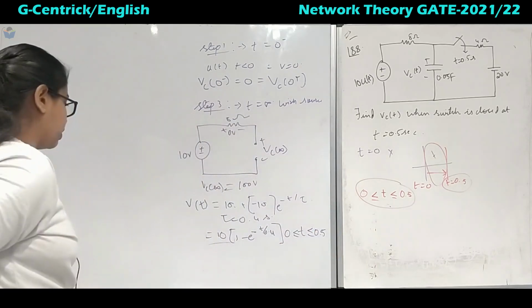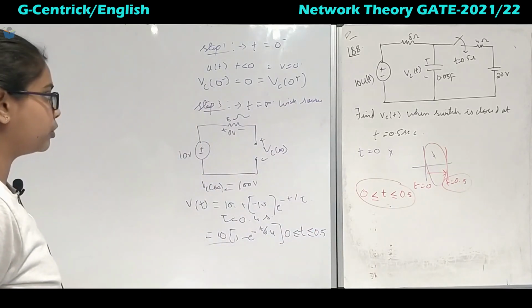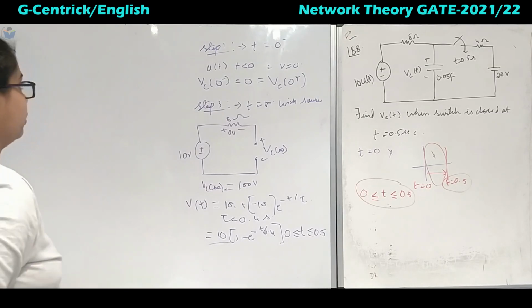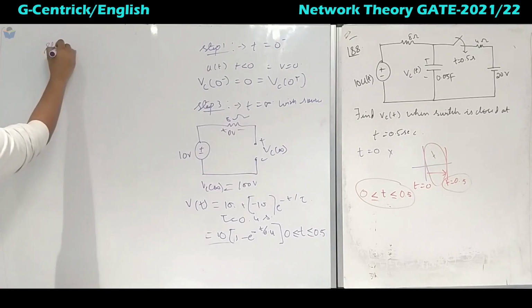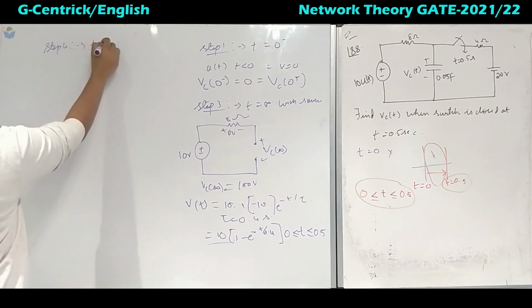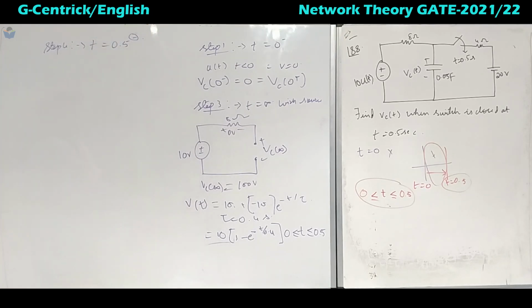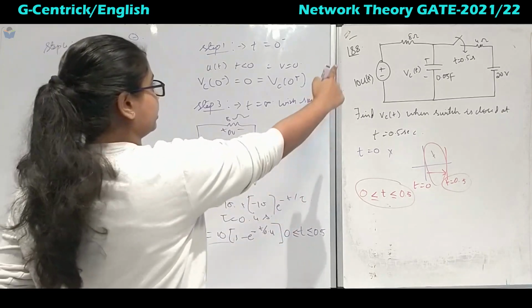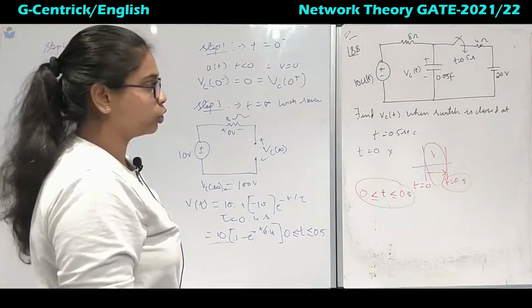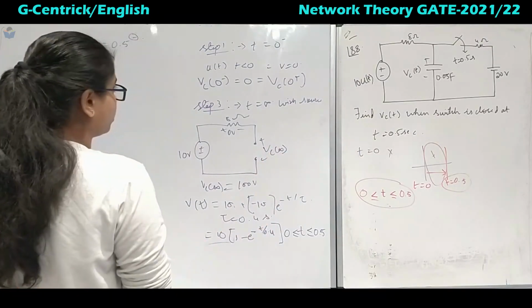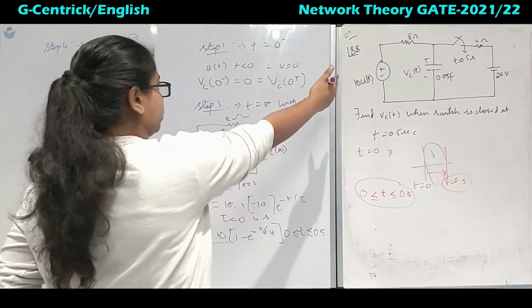So this is our step 1 to step 3, and now we will go for step 4, where we are going to analyze at t is equal to 0.5 minus. At this point the switch is getting closed. When the switch is closed, first of all it will be like without source, u of t.